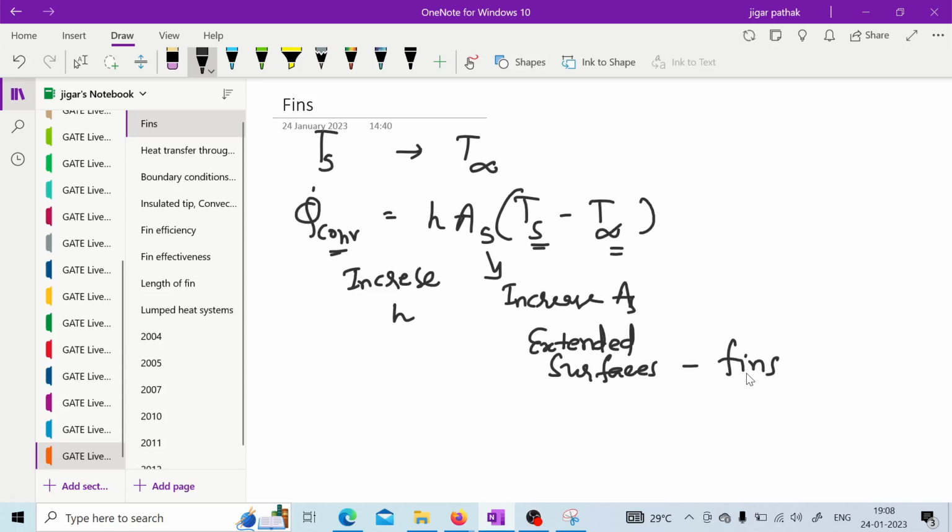You must have seen the cylinder of an engine, which is surrounded by fins to increase the heat transfer. Generally these fins are made up of highly conductive materials, like aluminum.